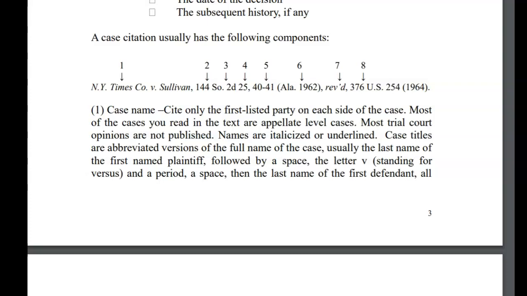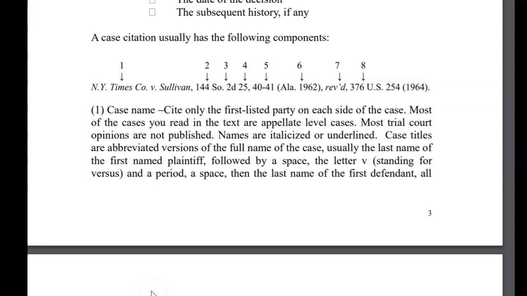This reference is the name of the reporter set in which the case can be found. Now, please note that some of these sets, like the Southern Reporter, have additions or series. So you might have to see the 2nd or the 3rd series. And these series are going to be designated by 2d or 3d.